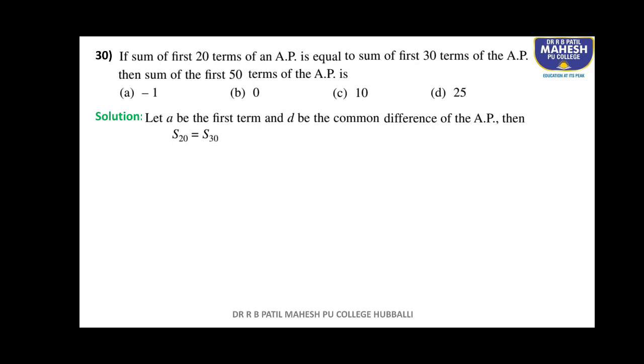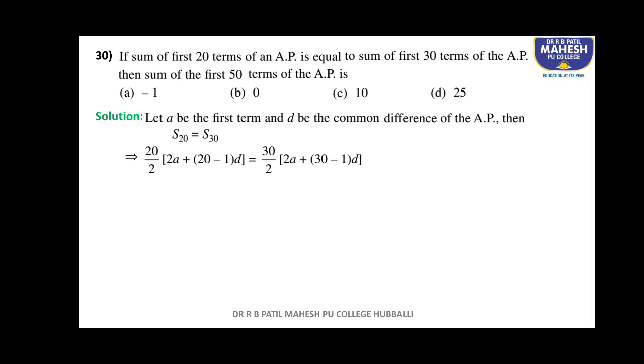Now we can apply the formula of Sn. We can write it as 20 by 2 into the bracket of 2A plus (20 minus 1) into D is equal to 30 by 2 into the bracket of 2A plus (30 minus 1) into D. Now after all the cancellation on either side, we can take 2 one's are 2, 10 ones are 10 in the LHS part.